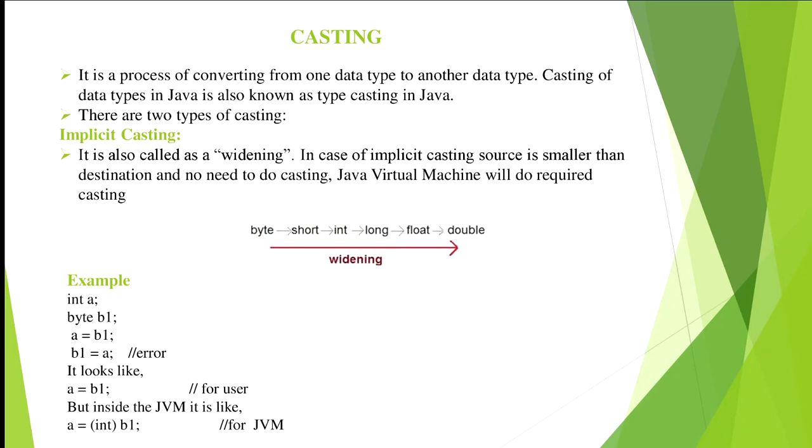Because the destination's data type is int, and that's why I change the data type of b1 from byte into integer, and it is done automatically by the JVM, the Java Virtual Machine. There is no need for the user to do anything explicitly, and that's why it is called implicit casting.